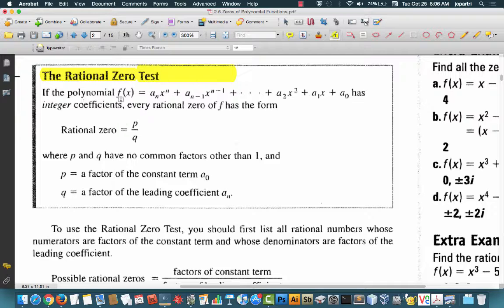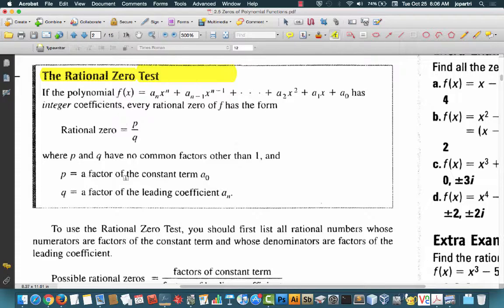So if the polynomial f is equal to a leading coefficient a sub n times x to the nth power plus all the descending terms all the way down to a constant, the trailing coefficient, a sub 0. Now if all of these a's here are integer coefficients, then every rational zero of the function f has this form, p over q, where p and q have no common factors other than 1.